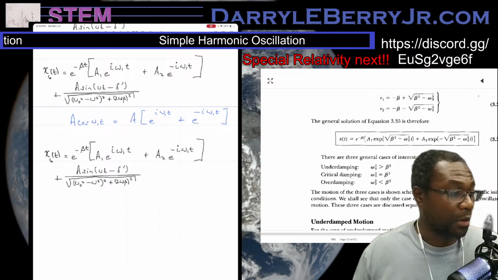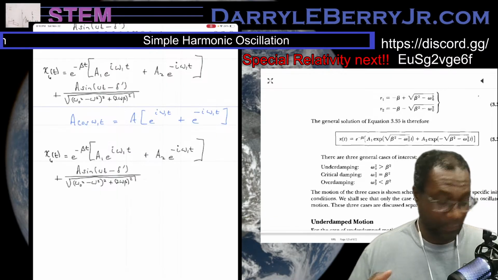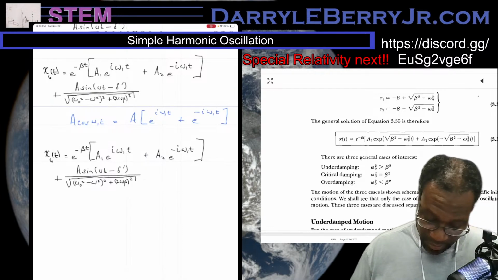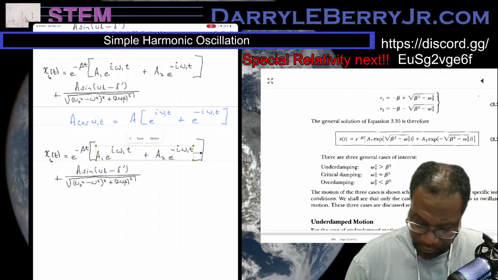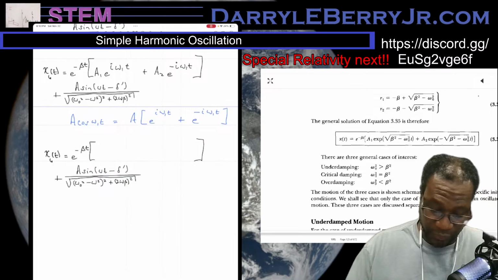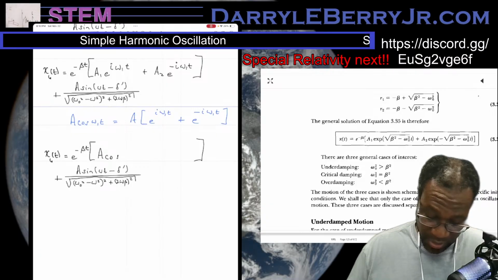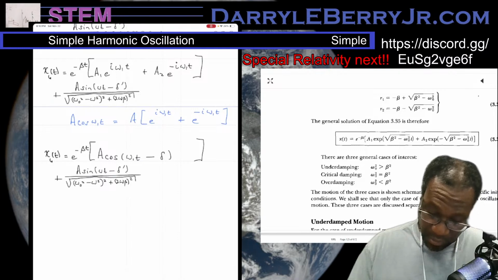And now to go ahead and call the coefficient between them A. So I will go ahead and call this, and let me add another step. That's sufficient. We have A cosine omega 1 t minus that.